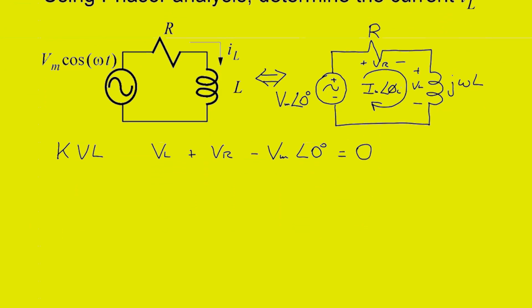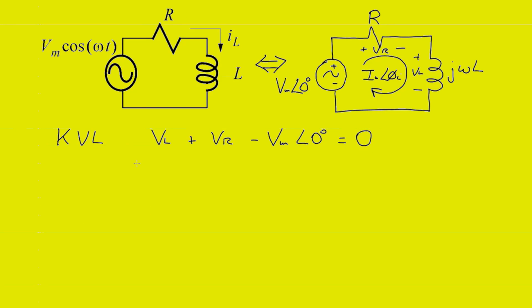We can replace the voltages by the impedance multiplied by our unknown current, or we can write that the impedance of the inductor, ZL, times the current through it, I at angle I, plus the impedance of the resistor, ZR, times I at angle I, must be equal to the applied voltage source at angle 0.